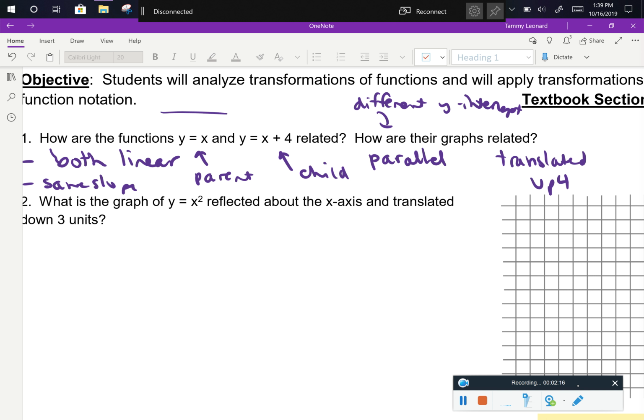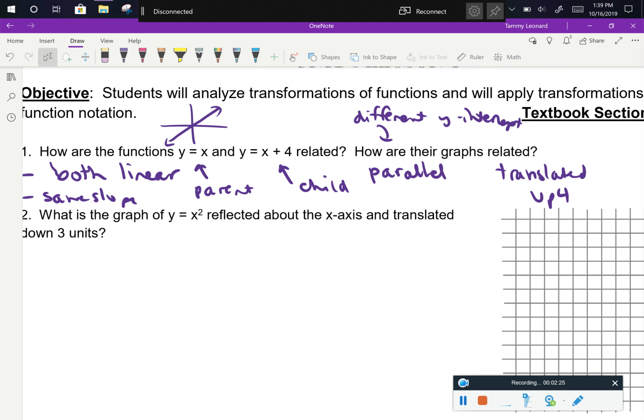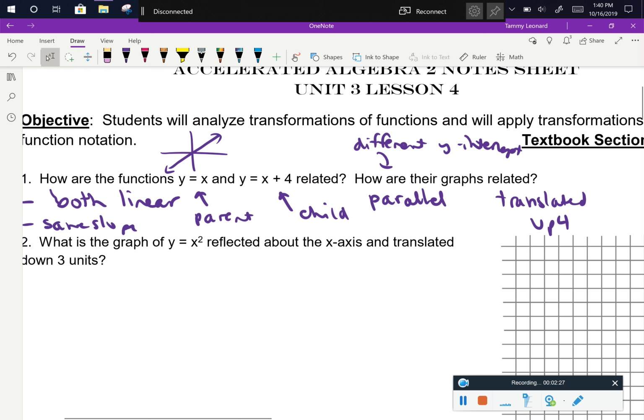So I'm going to show you something that's just sort of interesting. So the parent function would have been like this, yes? And then you guys said the transformation that took place is that it translated up 4 spaces, right? So like we think of this point moving up here 4 spaces and then they're parallel. Yes? Okay.